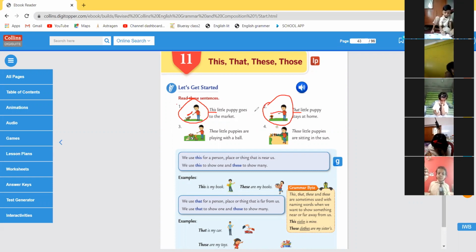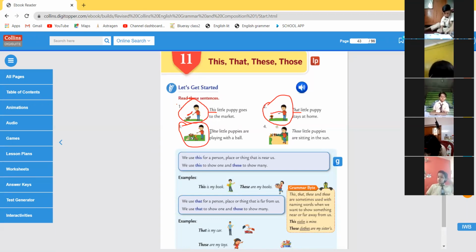Now look at picture number 3. You can see one boy is standing over there, but the boy is showing these little puppies. So now in this case, the boy is showing puppies. Puppies mean not a single puppy.